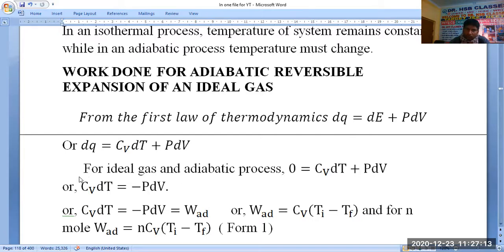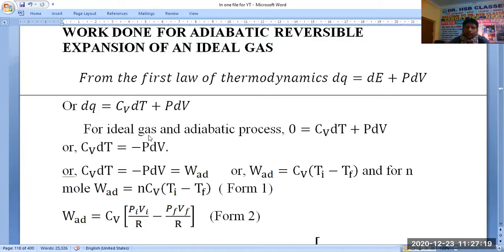So this is also work done for the adiabatic process, though it is known as mechanical work. But here it is equal to dE, and it is pdV.